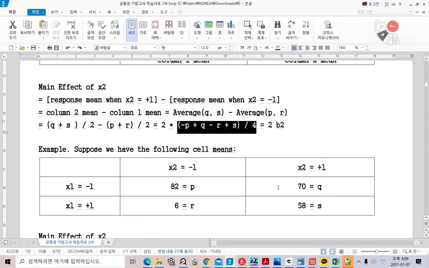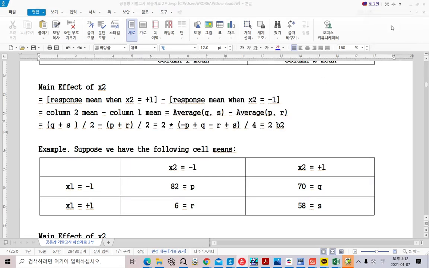Example. Suppose we have the following cell means.